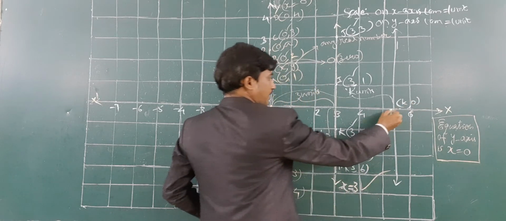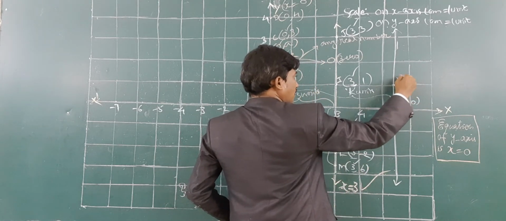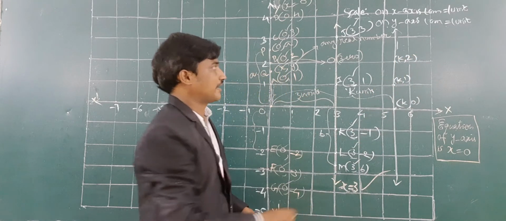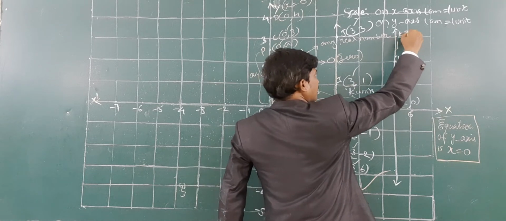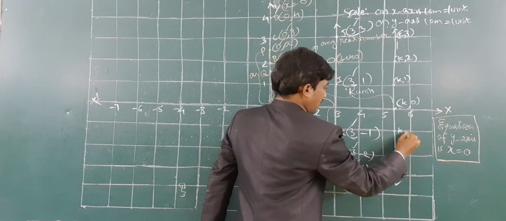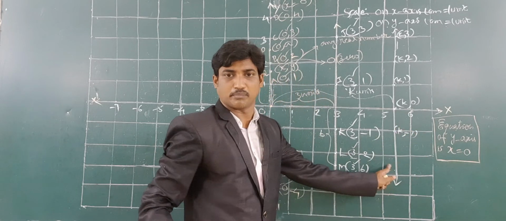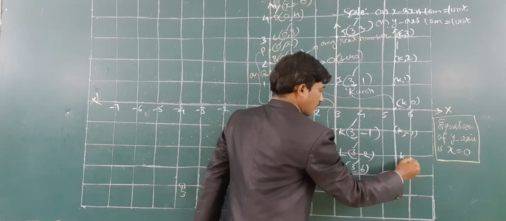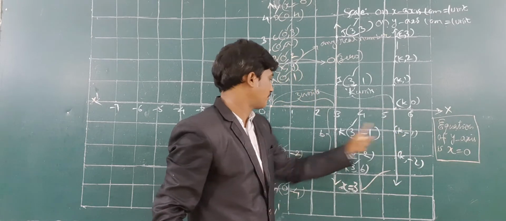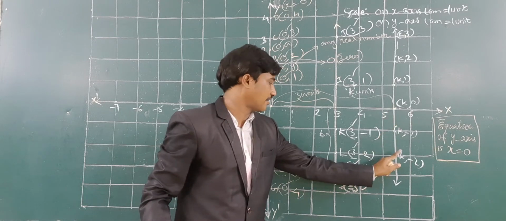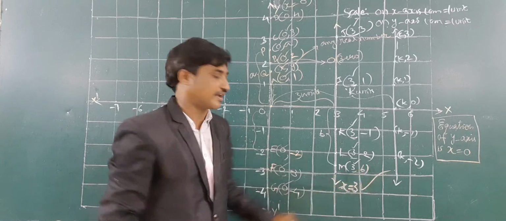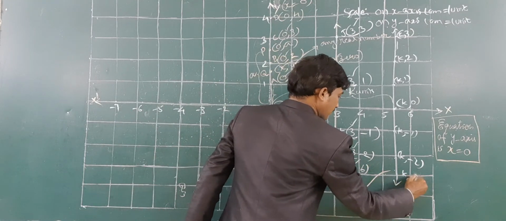Here the point is k comma 1. Here the point is k comma 2. Next point is k comma 3. Here the point is k comma -1. Then here the point is k comma -2. X is k, y is -3. K comma -3.